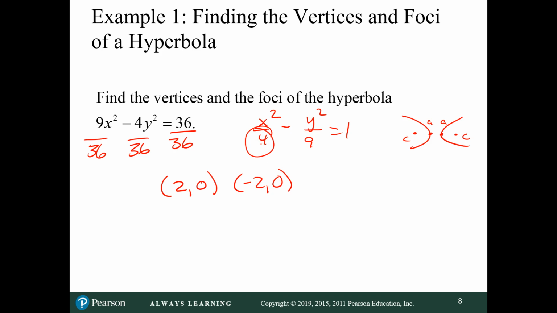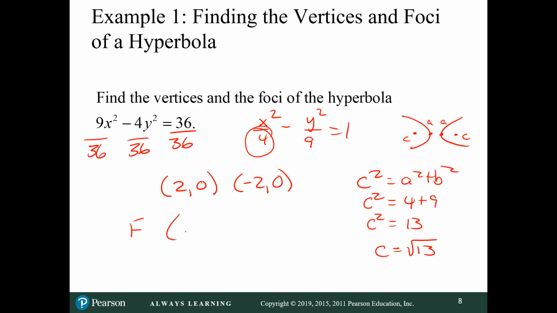Can you handle that? It's not too hard. Then c squared equals a squared plus b squared, so c squared equals 4 plus 9. c squared equals 13, so c equals the square root of 13. So your foci are at square root of 13, 0, and negative square root of 13, 0.